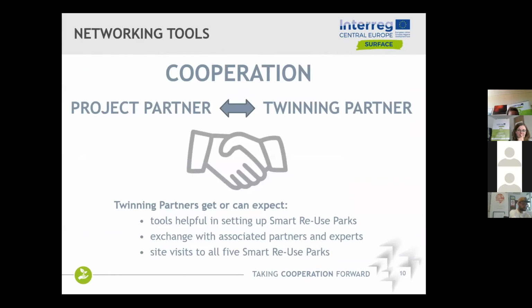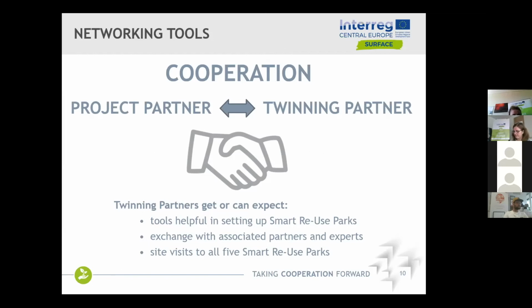Okay. So now I will present another task that we implemented, maybe even a tool, which we implemented under the project and can be linked to the networking. Under the project, we have realized twinning activities.